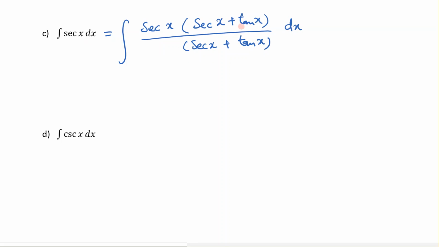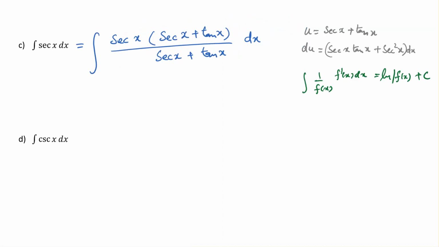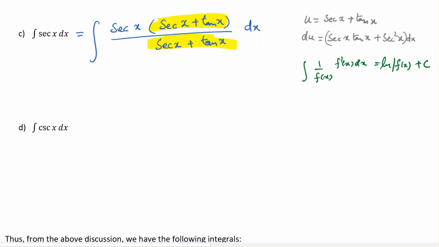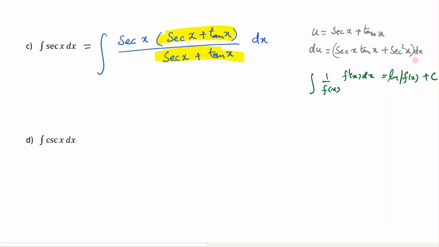The benefit of adding this factor is that our f(x) is in the denominator, secant x plus tangent x, and in the numerator we have the differential of our u, which would be secant x tangent x plus secant square x dx.